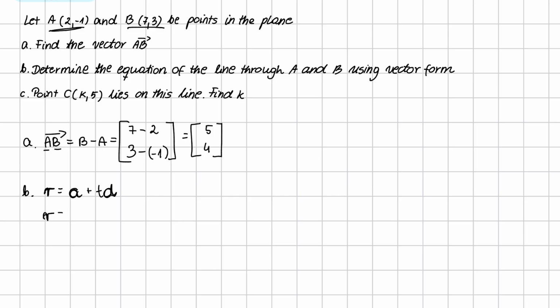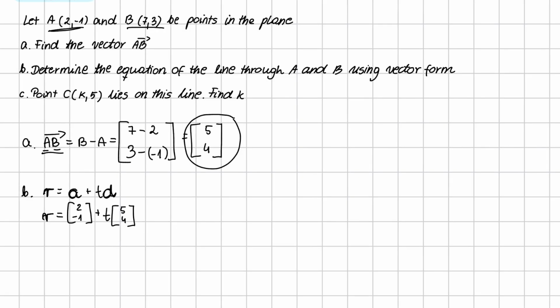So r equals (2, -1) plus t times our direction vector, which is not B but the direction vector (5, 4). And that's our equation.